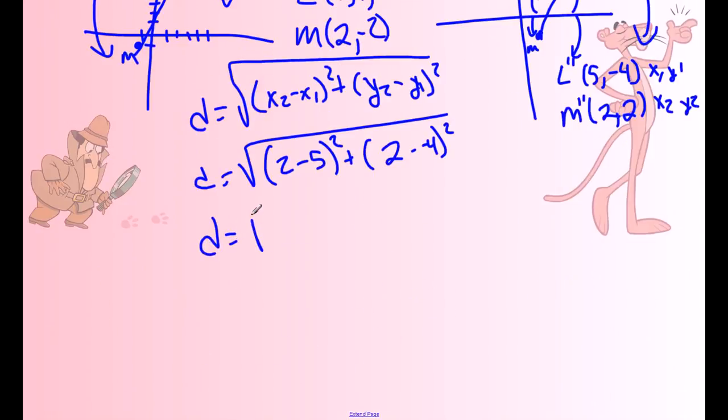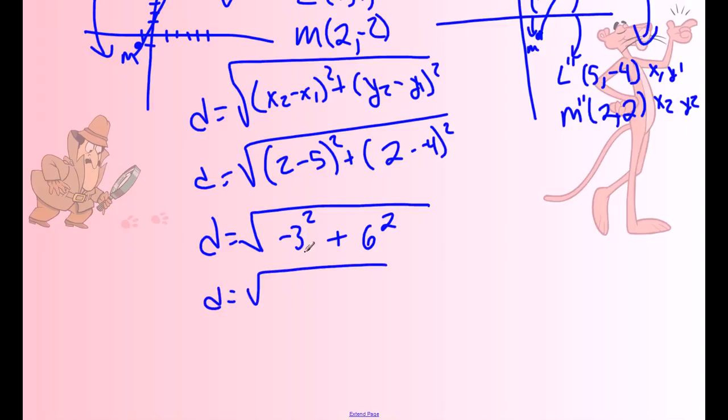D equals the square root of 2 minus 5 is negative 3 squared. 2 minus negative 4 is 6 squared. Negative 3 squared is 9. 6 squared is 36. Gives us 45.